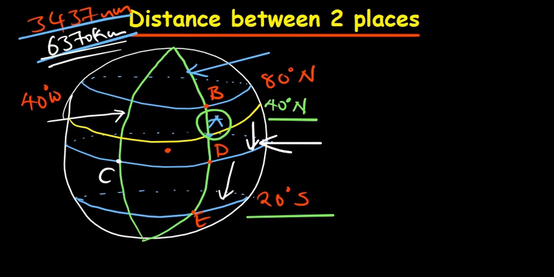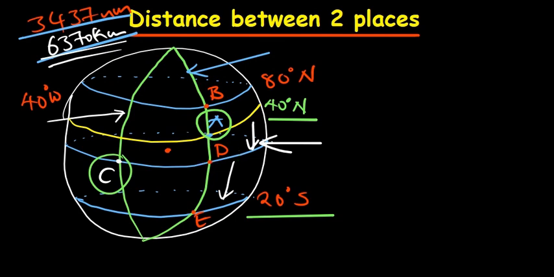Okay. And then the other thing that we need to look at is how we calculate the distance along the latitude. One good example would be focusing on C and D. Okay.